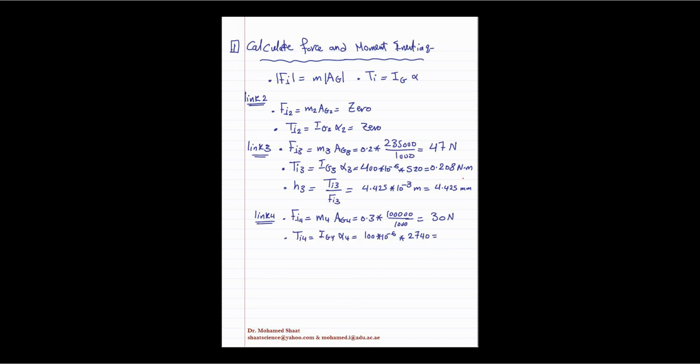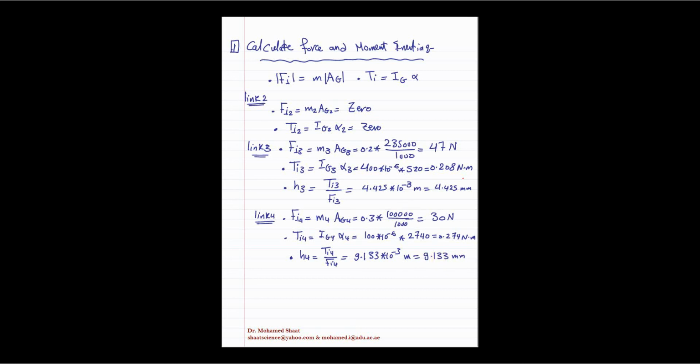Doing the calculation, this gives us 274 Newton meter. Since we have a torque and a force, we calculate H, which is TI4 divided by FI4, the torque divided by the force. This gives us 9.133 times 10 to the power negative 3 meter, which can be converted into millimeters as 9.133 millimeters.